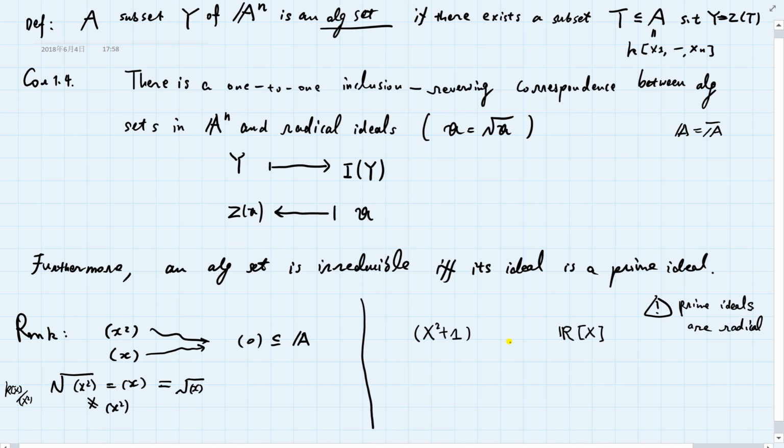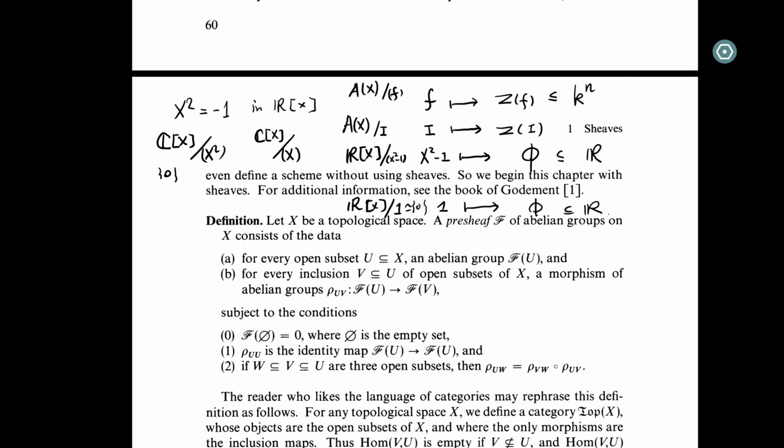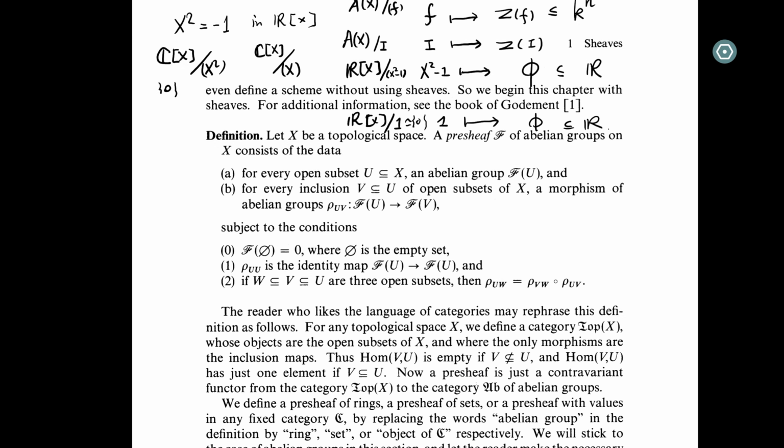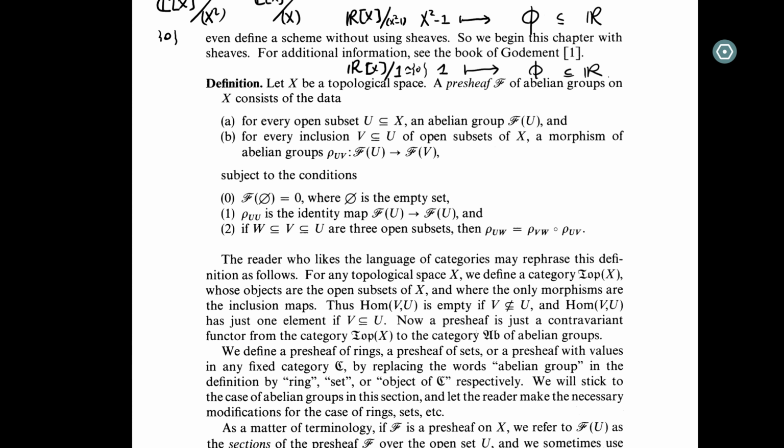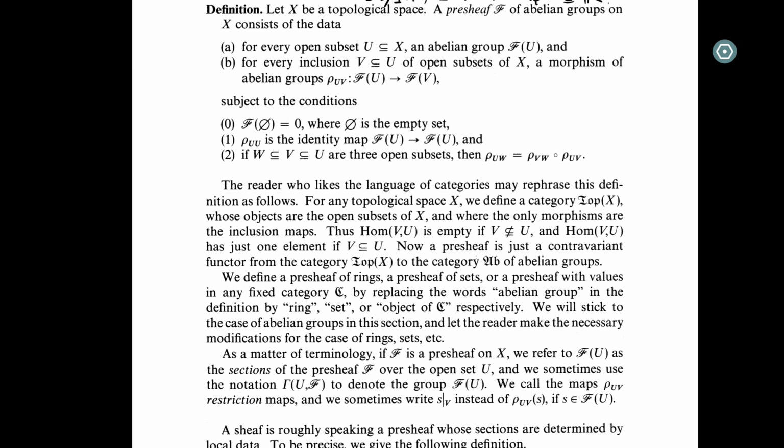It corresponds to the empty set. Okay? So you see, we do rely on the case of algebraically closed fields. These are some weaknesses of the old point of view. So let's go on to say how our scheme language works.